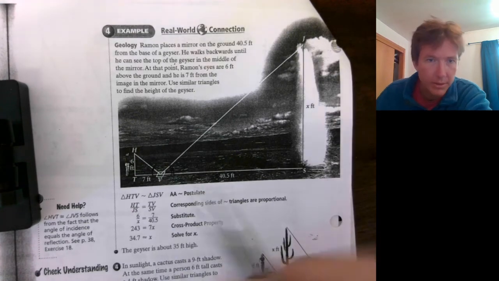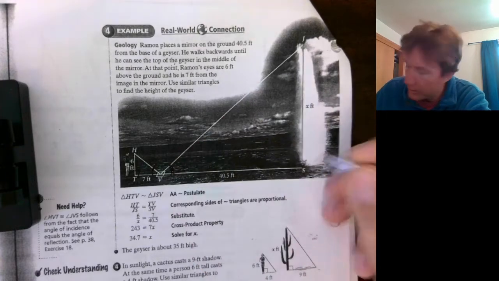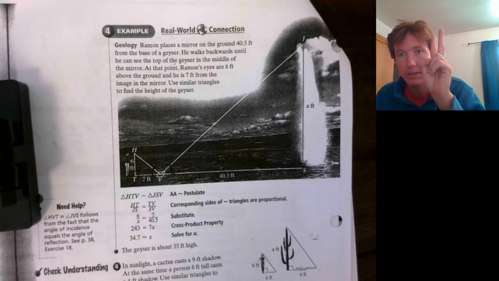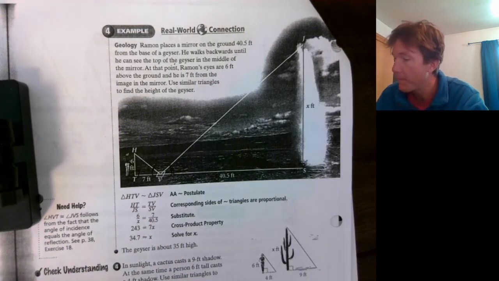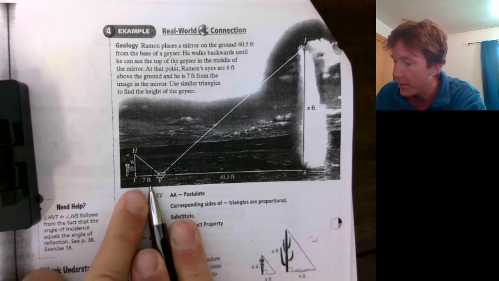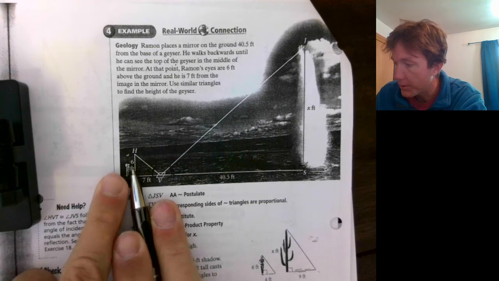What else do we know is similar? He's standing straight up right here. This is a right angle, and this is also a right angle. So I have two similar angles, so I'm going to use the angle-angle similarity postulate. So these are similar triangles. That means that the ratio of 7 to 40.5 is the same as the ratio of 6 to x.